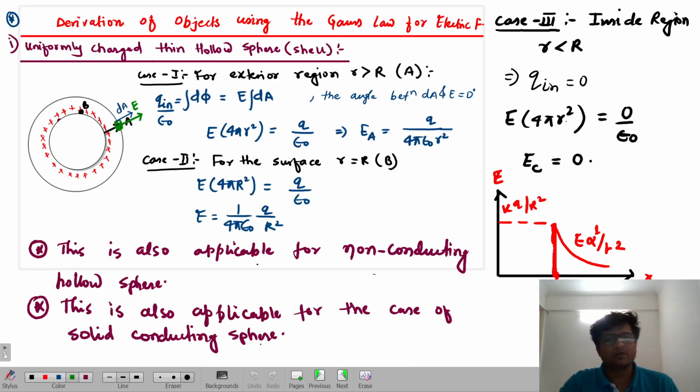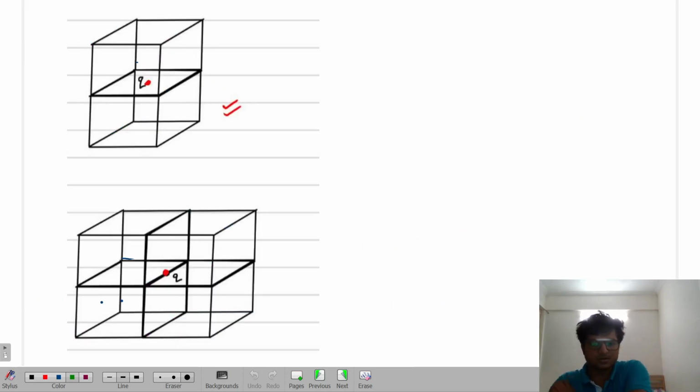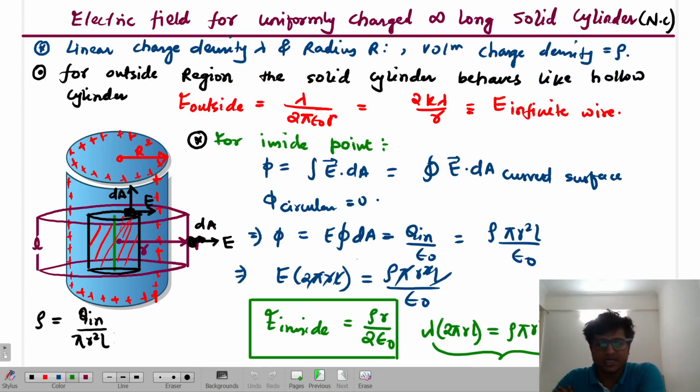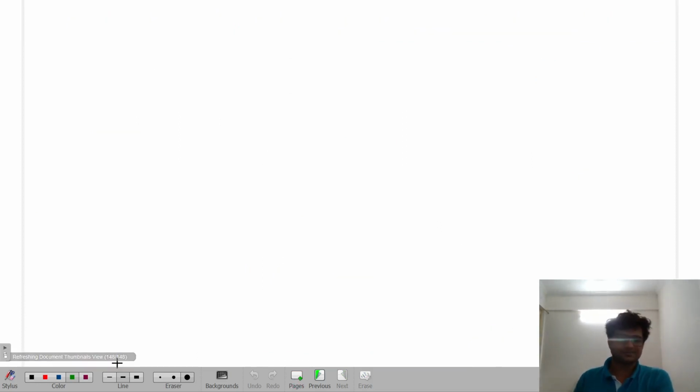Chalo. So this was all about your derivation of different cases of potential and all for cylinder and sphere cases. Are you able to get me or not? Now let us do some problems related to Gauss law.